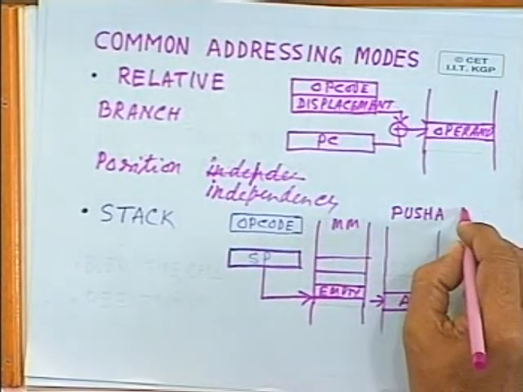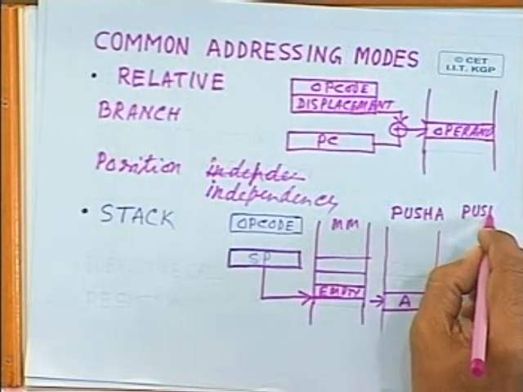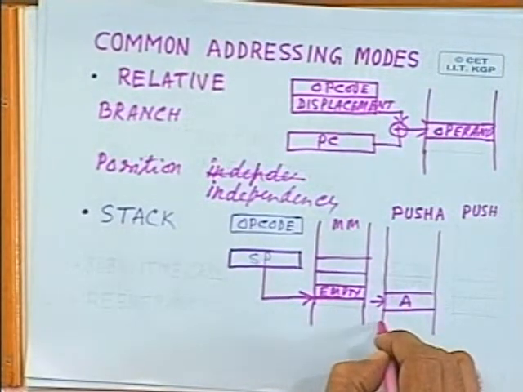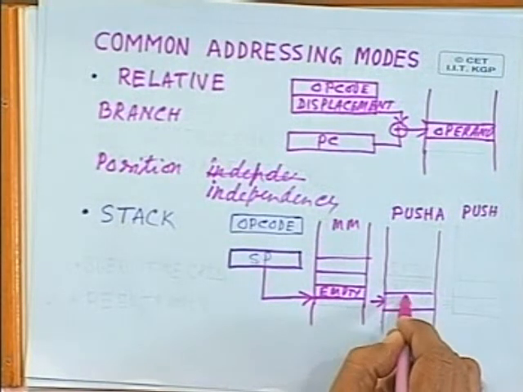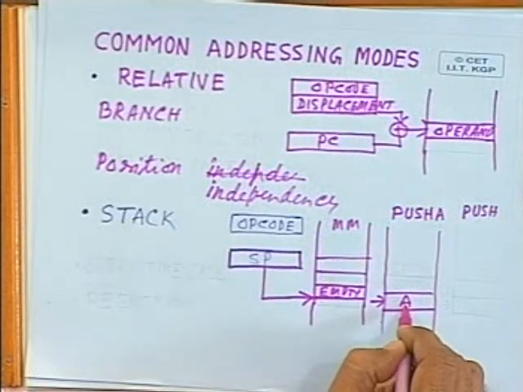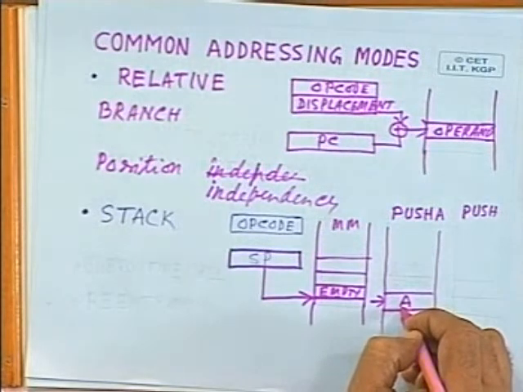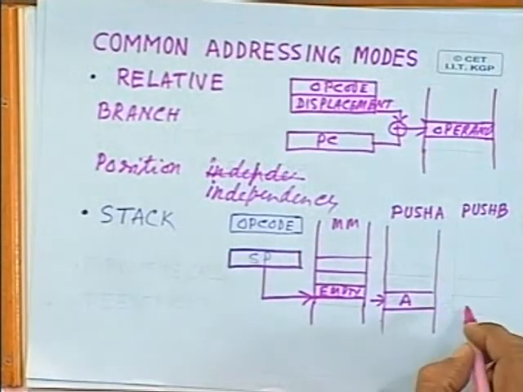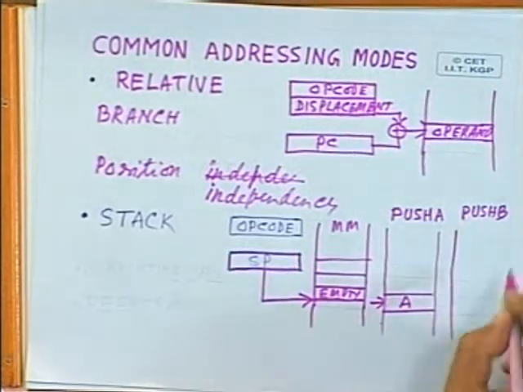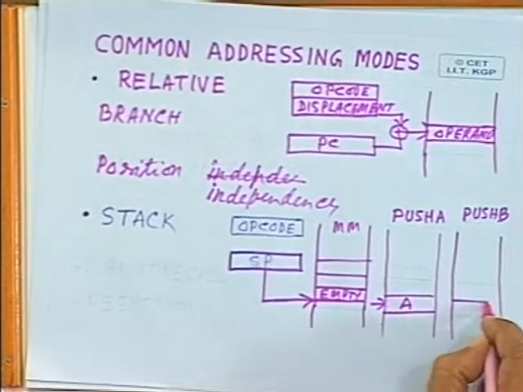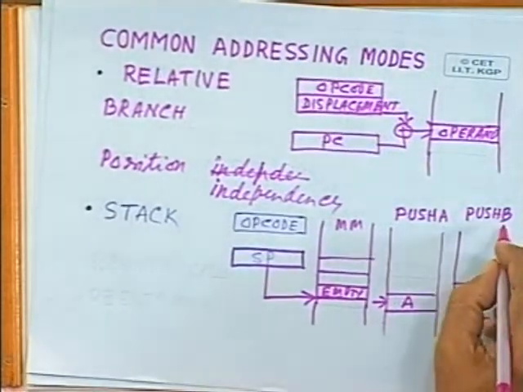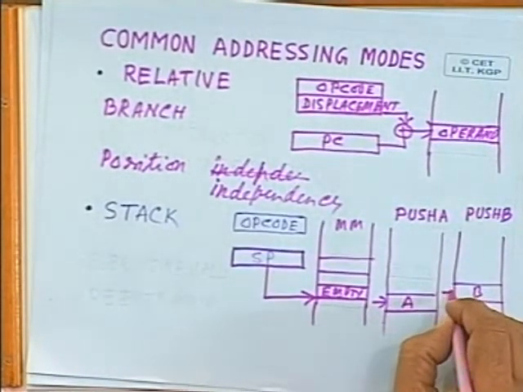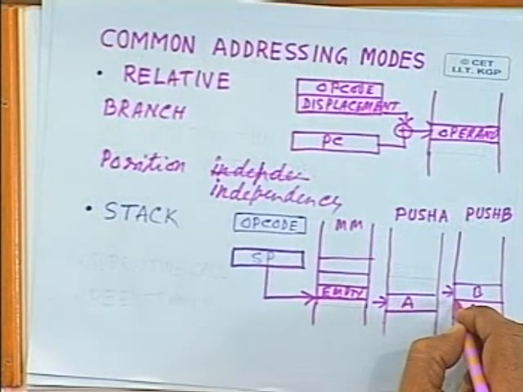If you perform another push, you are decrementing the stack pointer by 1 and pointing to the next location where the operand is stored. Now, if you push another data, A is here, say push B is here. Now the stack pointer points to this location.